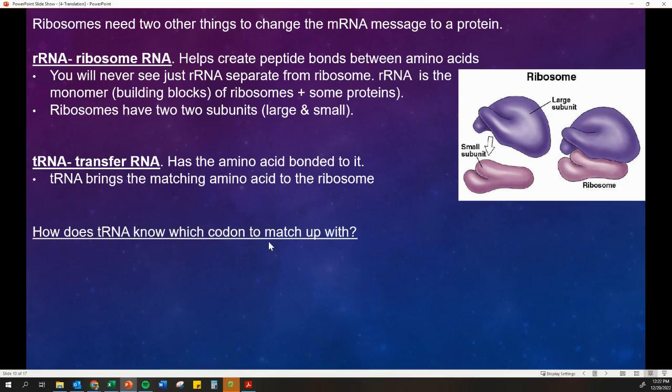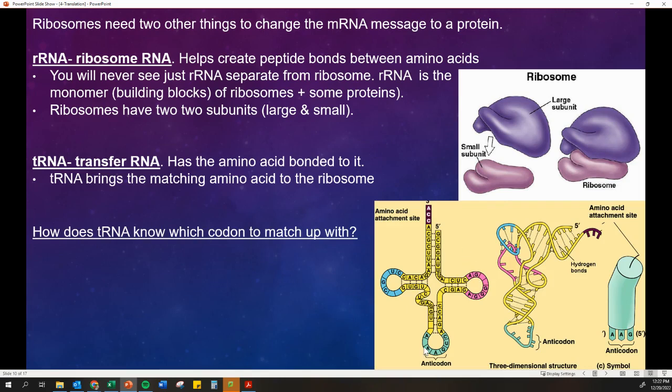How does the tRNA know which codon to match up with? This is because of something called the anticodon. Here we can see that the tRNA makes kind of a T-shape structure, but we have parts that make little hairpins where they're bound together. There's a section at the bottom where we have the anticodon, and as it comes into the ribosome, the anticodon can interact with the mRNA, and it can bind just like it would with DNA, where A goes with U, C goes with G, and G goes with C, bonding to its opposite.